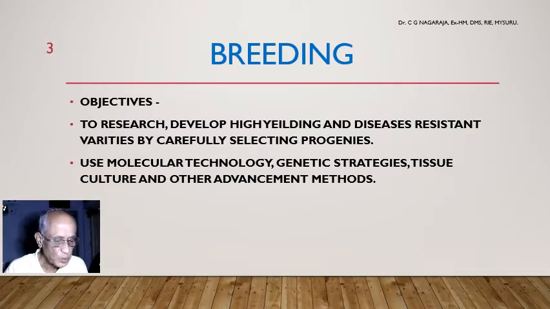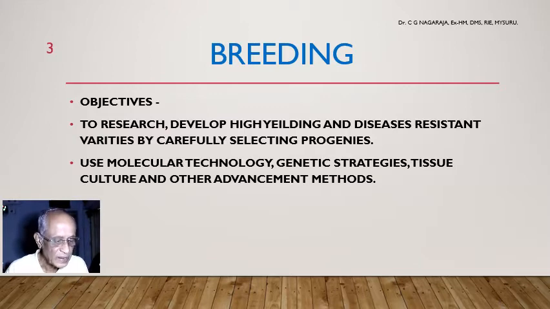Okay, we will ask one more question. What is the aim of breeding? Why do scientists and researchers breed the plants? Why do they not allow it to happen naturally? For that, the answer would be the objectives: to research and develop high yielding and disease resistant varieties by carefully selecting progenies. That is the major objective of breeding.